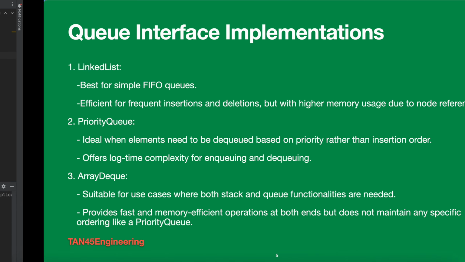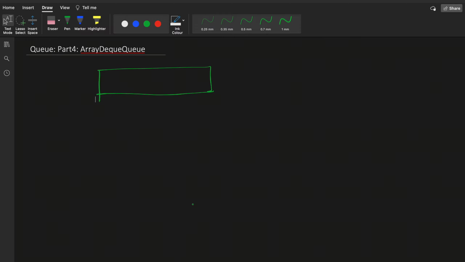So let's start with the ArrayDeque first. The first thing is, it uses an array as its underlying data structure. So we may have a fixed size for this data structure. Then you need two things. One is you want to insert from this end, so you can call it, let's say, offerLast, and from this end we'll call it offerFirst.